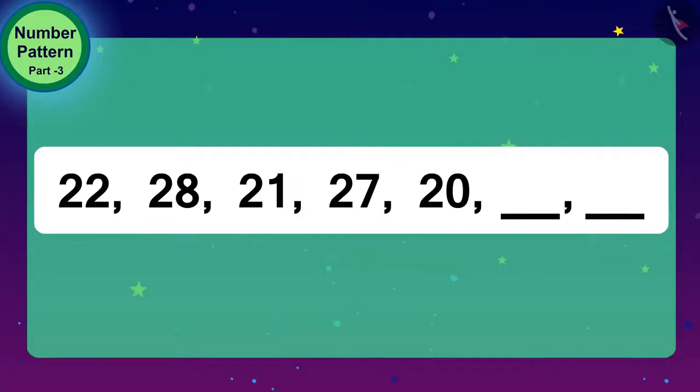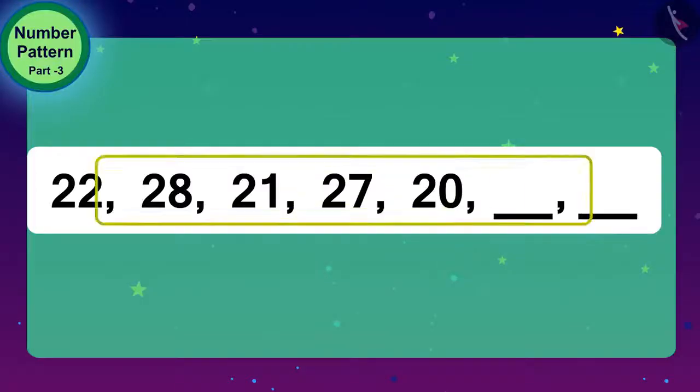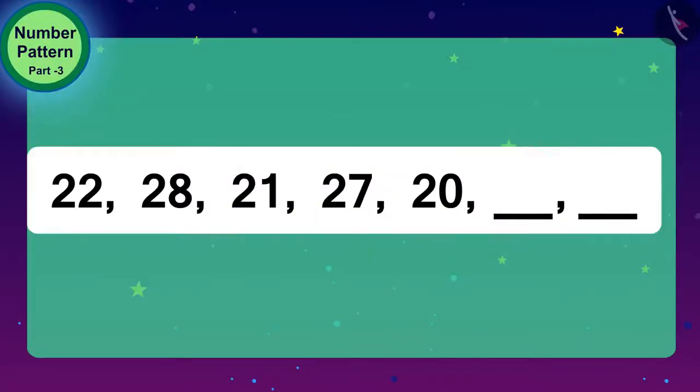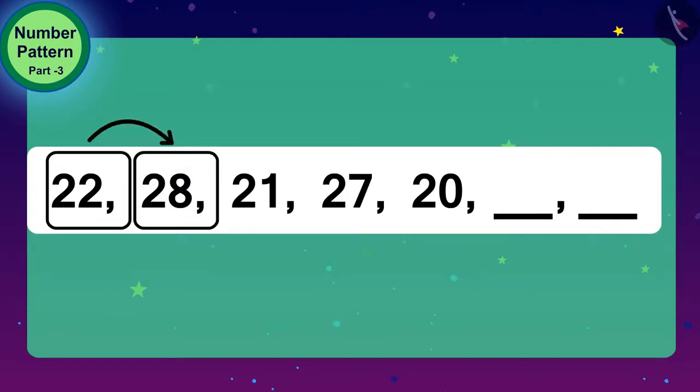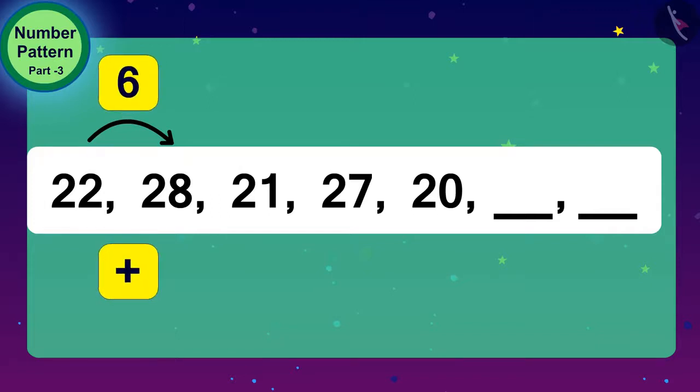Children, do you understand the rule of this number pattern? Let us see what is unique in this number pattern. First, we will look at the first two numbers of this number pattern. How do we get 28 from 22? Exactly, by adding 6.